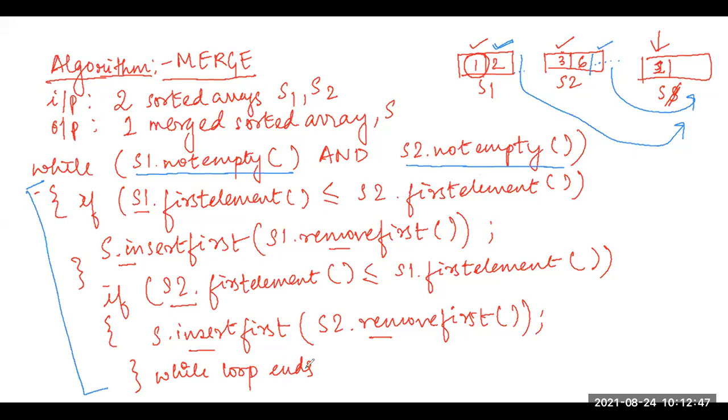So the lower section of my code will be, there is not much space, so I am deleting it and writing it, but in your copy you write it just below this. Okay.